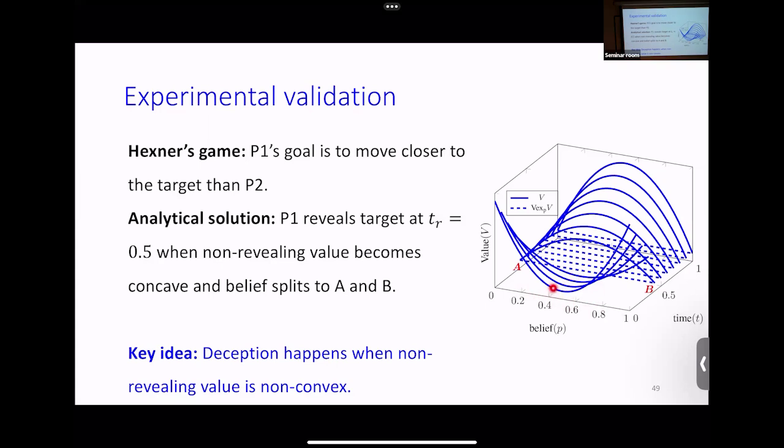He should not reveal the information, as any revealing of the information gives him a worse value. So in this case, the smaller the better, okay? But after 0.5 second, the value function becomes concave. So this is when you convexify this value, and by doing that, you split to these two tips, A and B, meaning that you reveal your information. Does that make sense? Okay, all right.